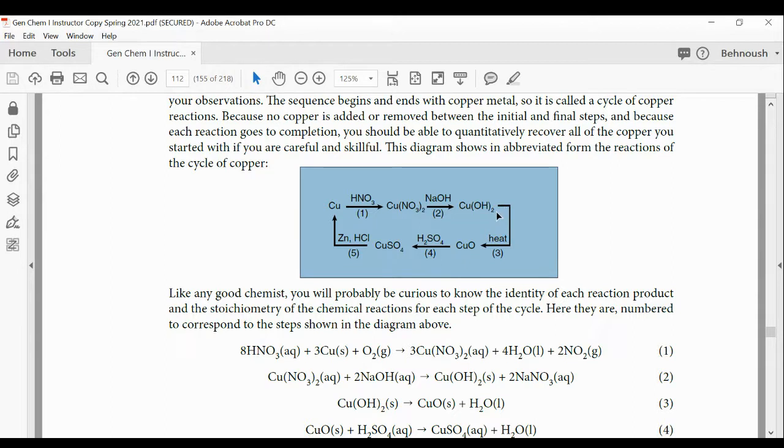Most of the hydroxides are insoluble unless you have the exception. So copper hydroxide is insoluble, so it gives you a solid compound. How do you know a solid compound is forming? If you have a clear solution and by adding a reagent it turns to a cloudy solution, that means solid is forming.